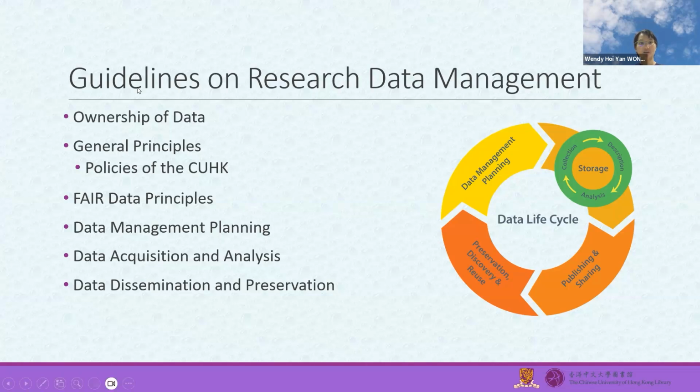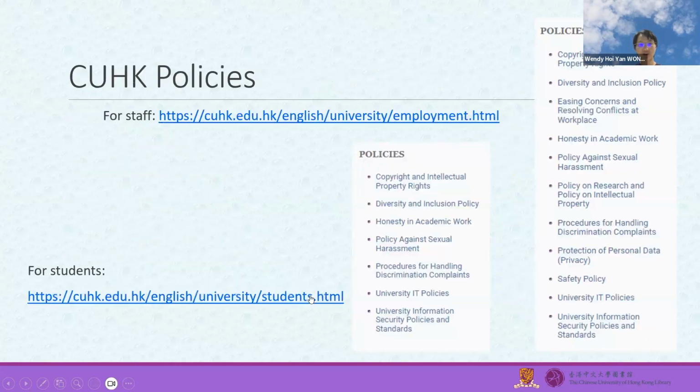On the other hand, the guidelines also mention the general principles, for example, the FAIR data principle, and also the policies that are involved at CHK. It also gives you some guidance on data management planning, data collection, analysis, dissemination, and preservation.